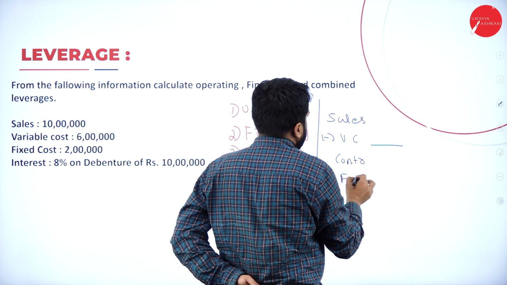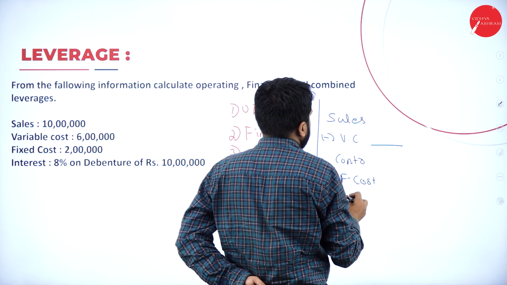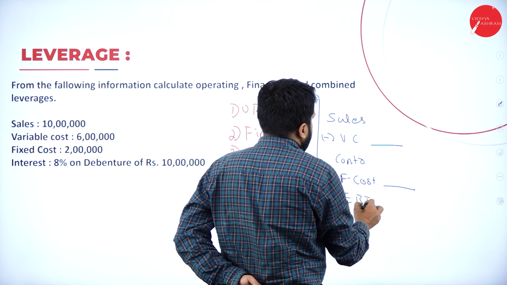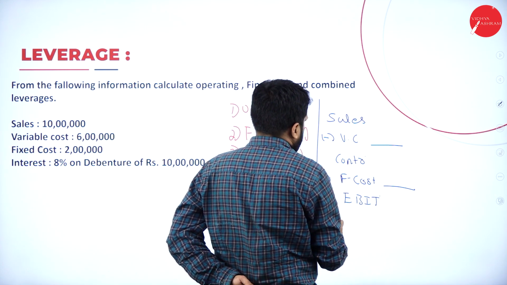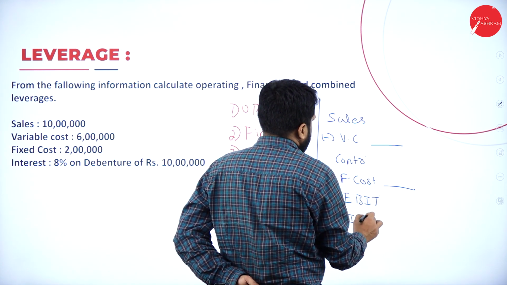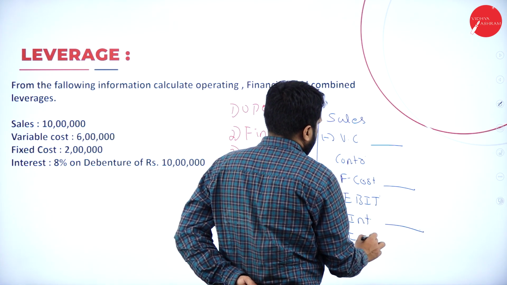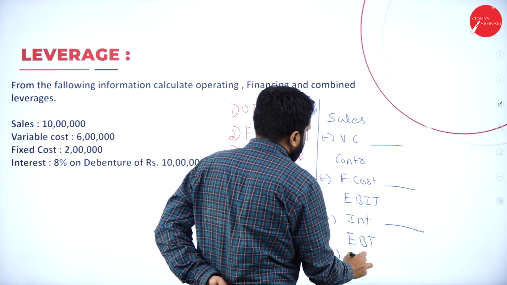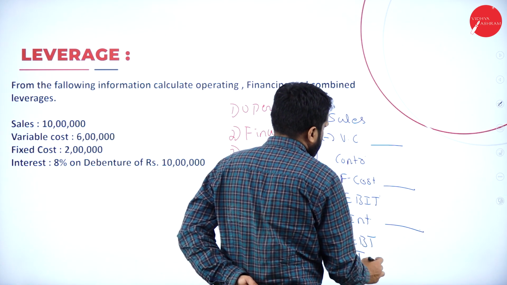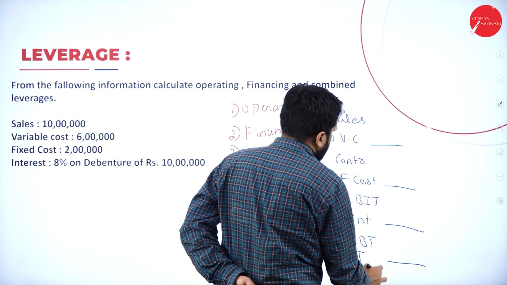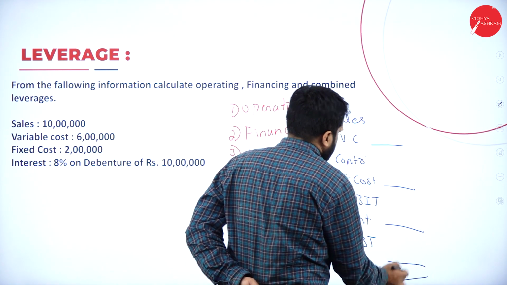Contribution minus fixed cost, you get EBIT. EBIT minus interest, you will get EBT. If you want, you can minus tax also, you get earning or profit after tax. Clear?